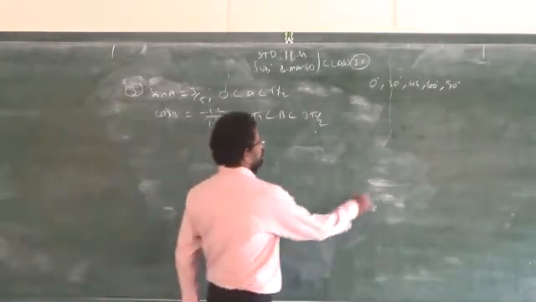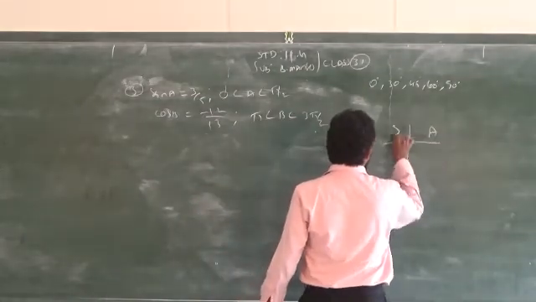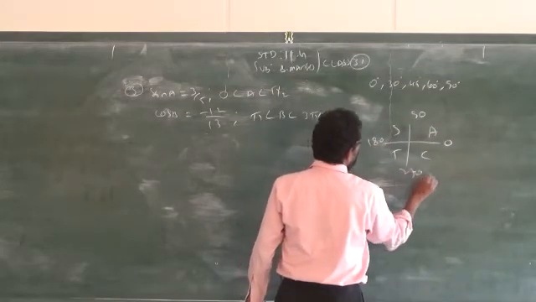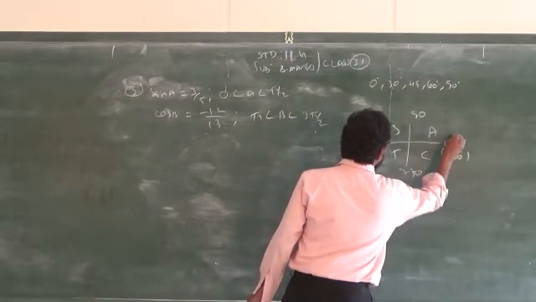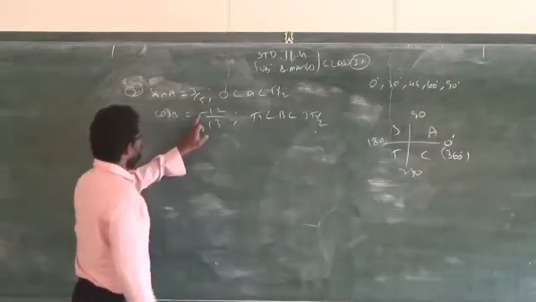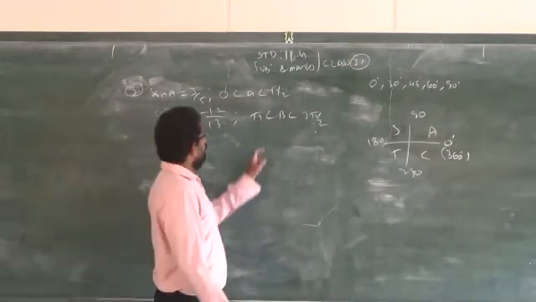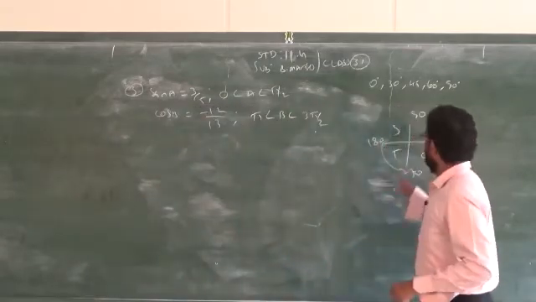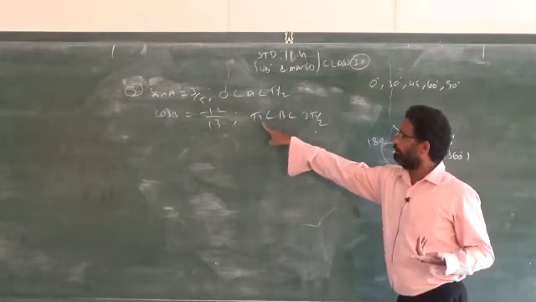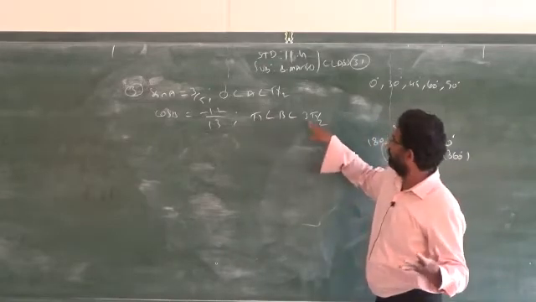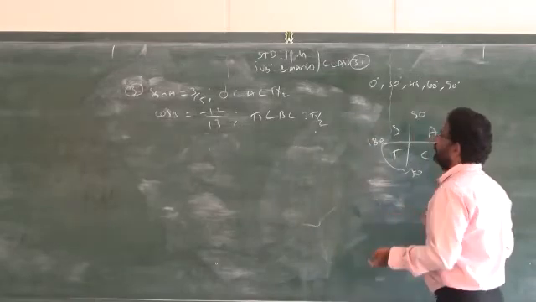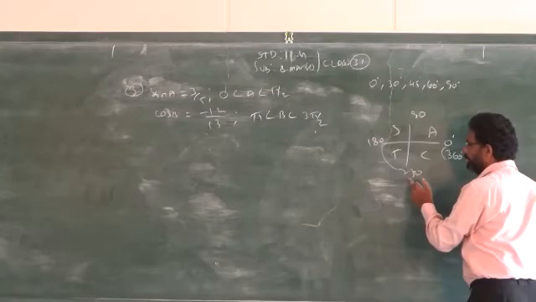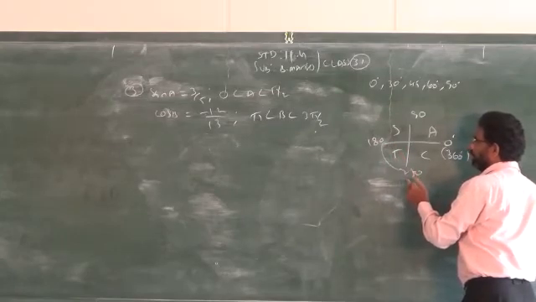You must remember the basic concept, ASTC. This is 90 degree, 180 degree, 270, and 0 is nothing but 360 degree. Cos B is minus 12 by 13 because angle B lies between 180 and 270. Pi stands for 180, 3 pi by 2 is 270. So the given angle lies in the third quadrant.